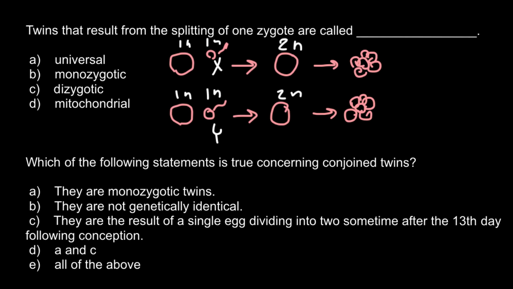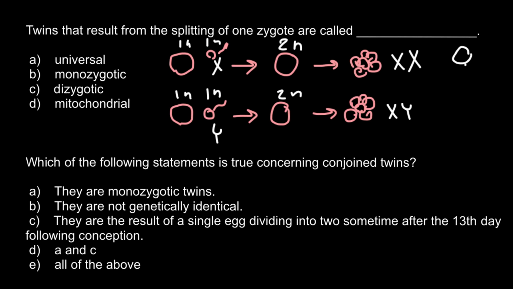another sperm may have an X chromosome, and when we have twins of different sex, we can say that this cannot be monozygotic twins.